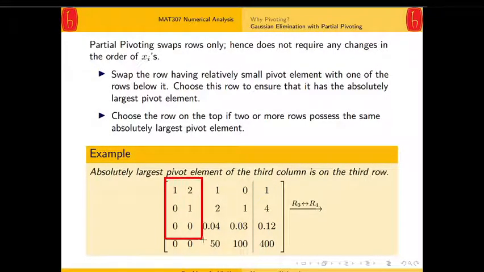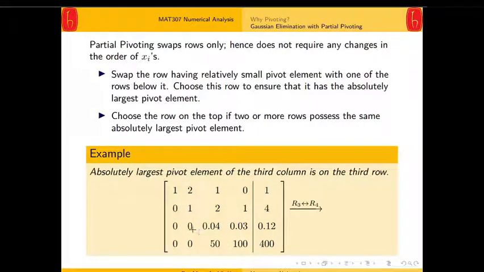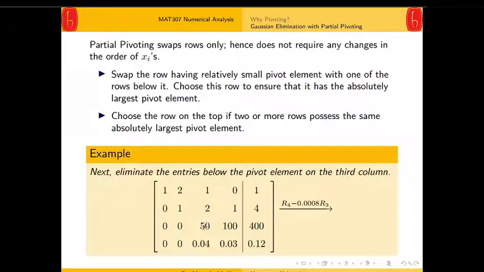Seems like in the very first two rows and two columns we're done, and we can move on to the third row. Here, the possible pivot elements are 50 and 0.04. 50 is larger than this number in absolute value, so we need to interchange row 3 with row 4. So we will get here.